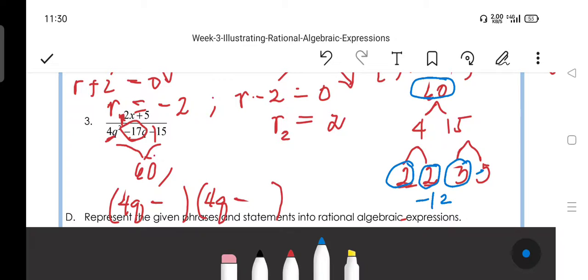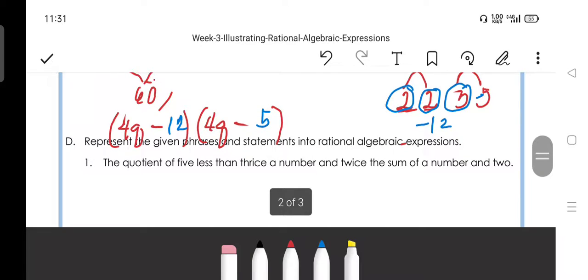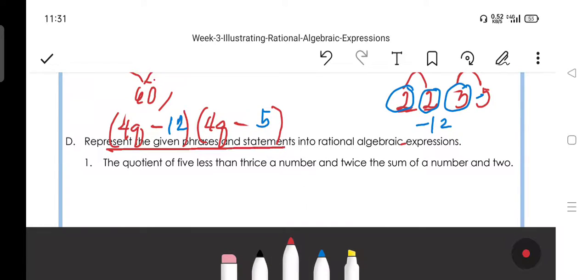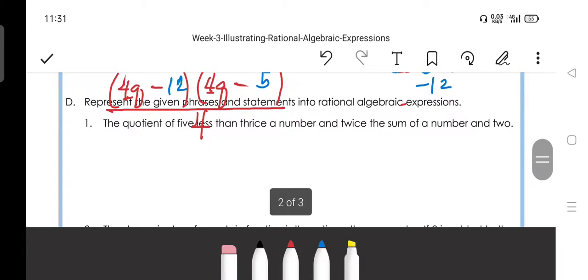So that means we have 12 and we have 5, over 4. Whatever numerical coefficient we have here, let's divide everything by 4.